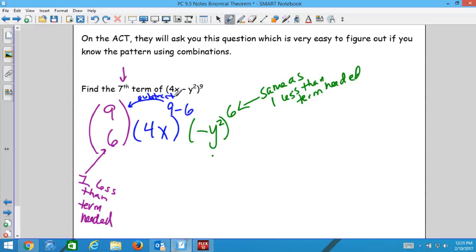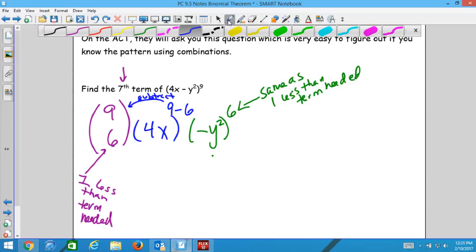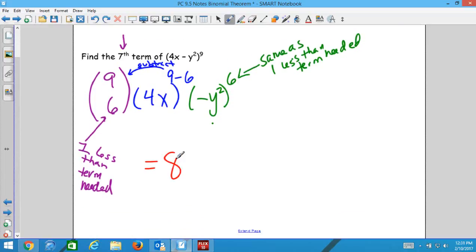Yeah, so somebody said 3. So we're doing, what is 9 choose 6? Calculator, 9 choose 6. 84. And we do 4x to the third. 4 to the third is 64, x cubed. And we do negative y squared to the 6.